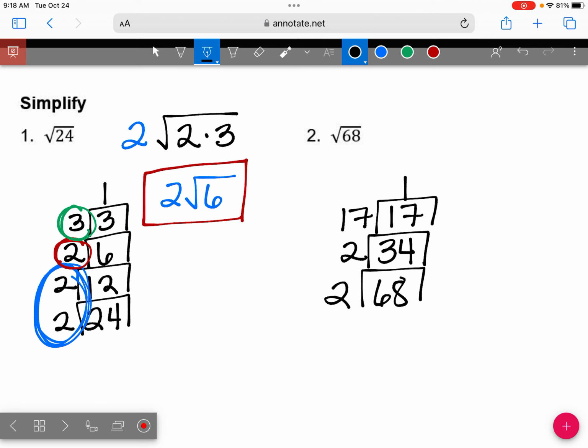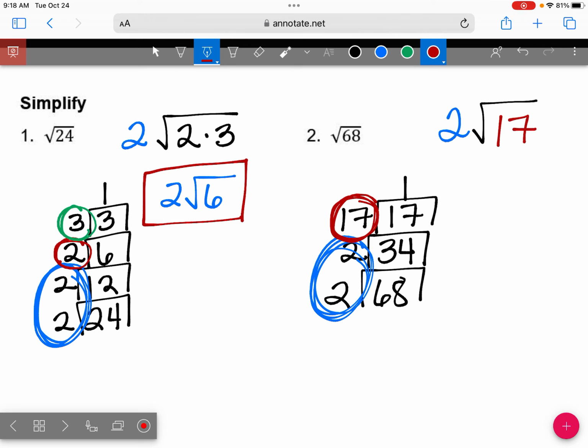Yep, so see how we have 2 of the same thing? So that can come out. So we got a 2 that comes to the front. And then you make your square root, and this 17 did not have a partner, so it has to stay. So that would be your final answer. You have to show your work when you do these on the test.